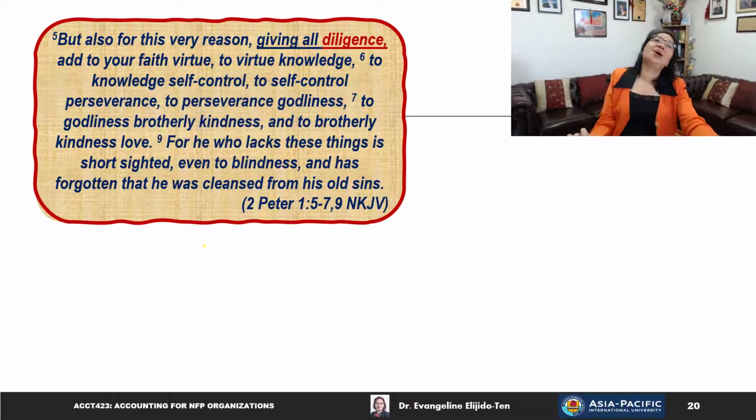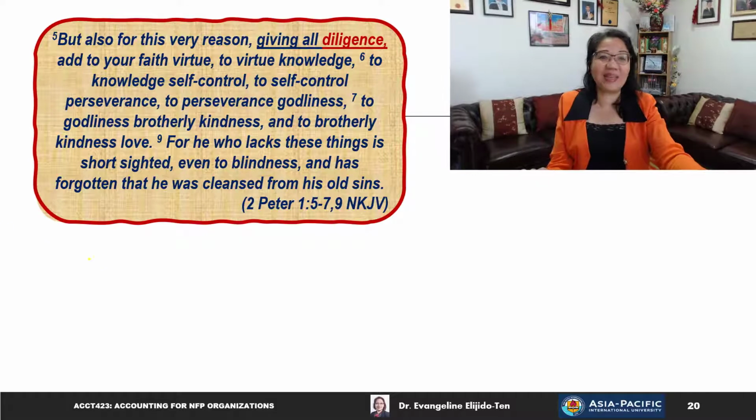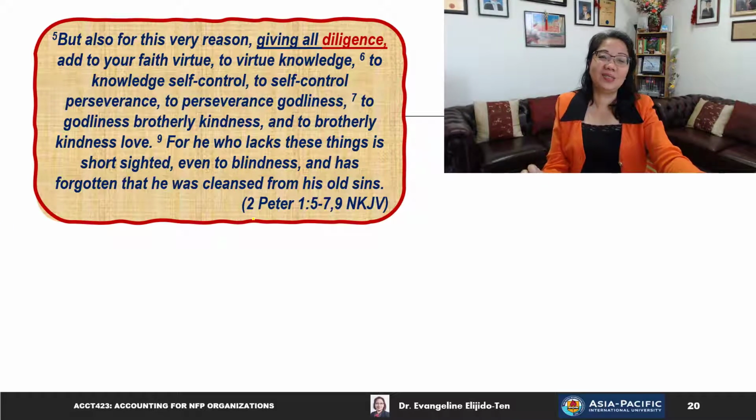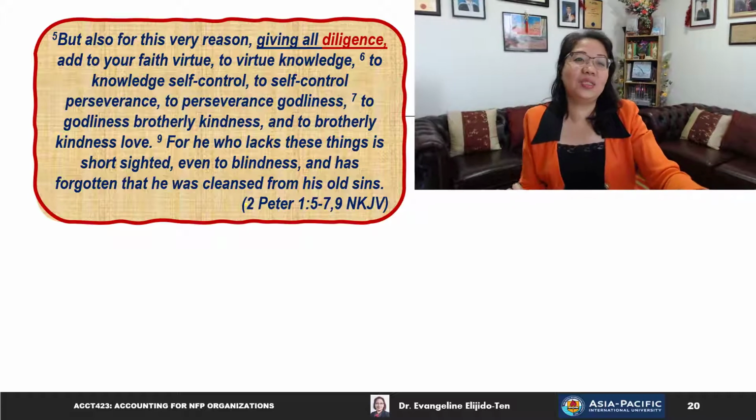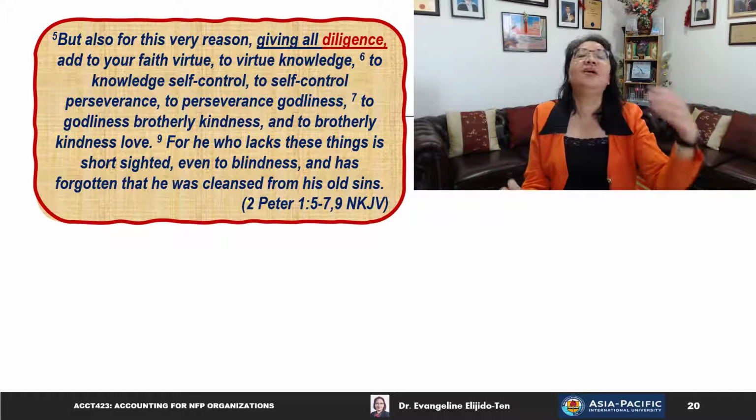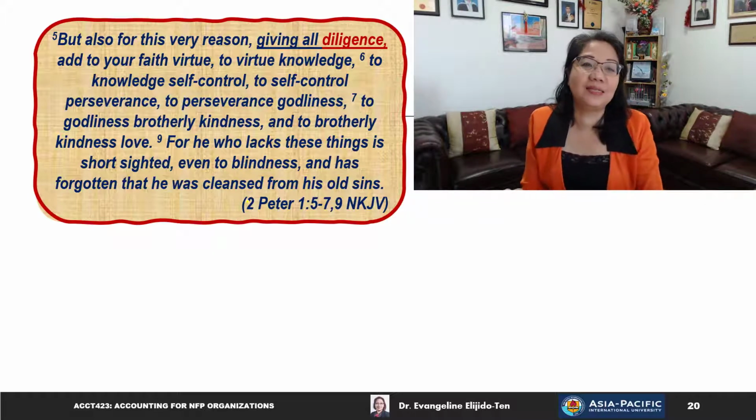All right, so that is it for topic 8. Let me go back to this verse that I introduced at the beginning of this lecture from the Apostle Peter's writings.